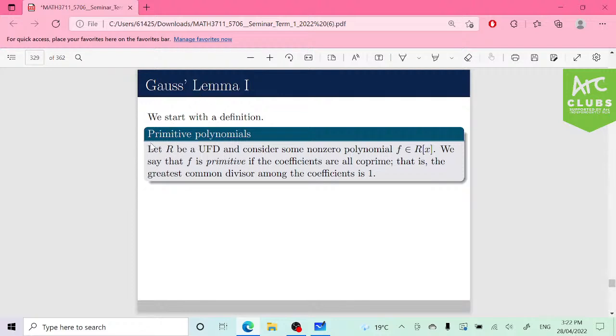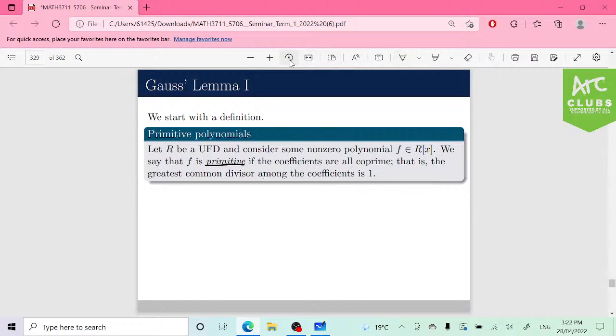So we suppose that we're in a unique factorization domain, and we want to consider some non-zero polynomial inside the ring R[x]. We say that f is primitive if all of the coefficients are coprime.